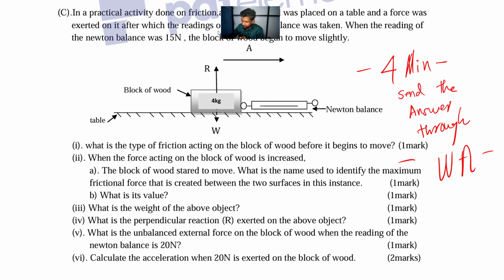Send me the answers. Sahishan asks me to please explain the third type of frictional force, as he only just joined the class because of network issues. Okay, I will explain the third type, don't worry. You are expecting me to explain all three types.